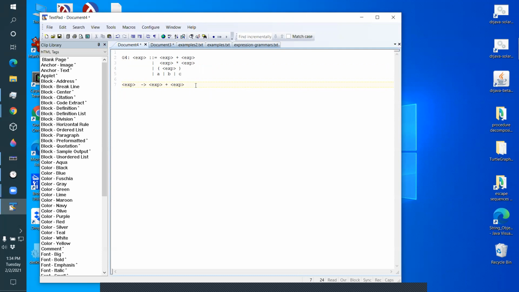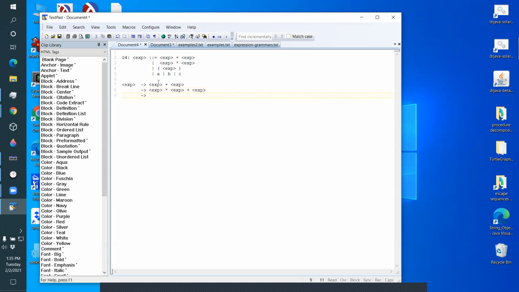All right, now let me expand that. I'll expand this one as one of these. I'm always expanding the thing on the left. I'm going to expand the thing on the left to that, and that leaves me with exp. And now I'll go ahead and expand everything into a variable.